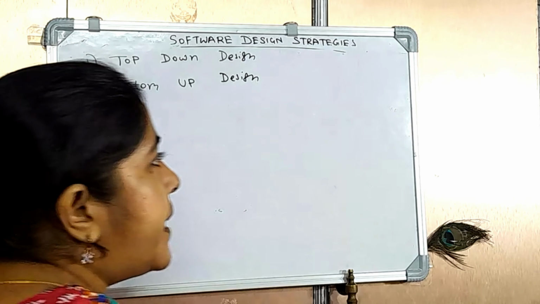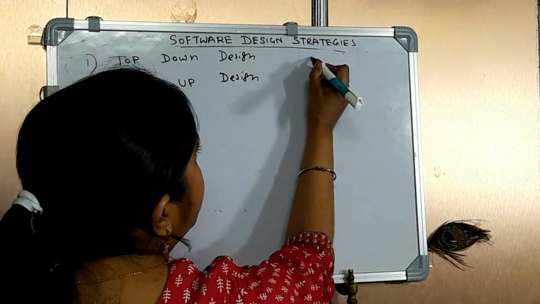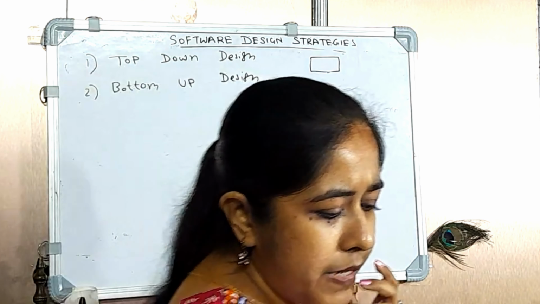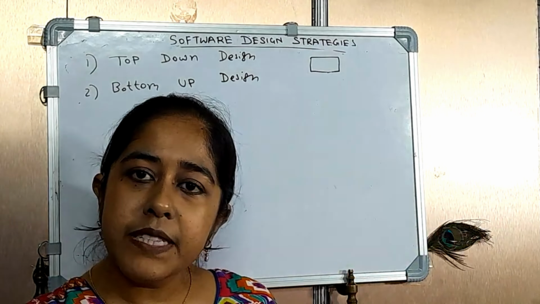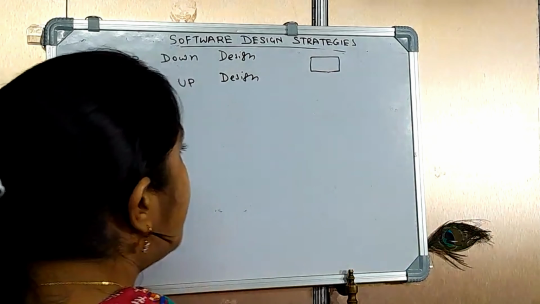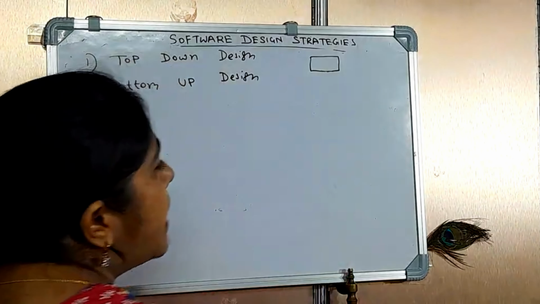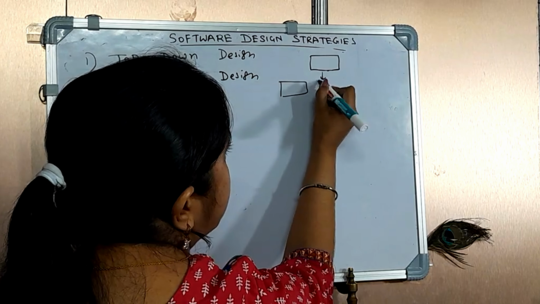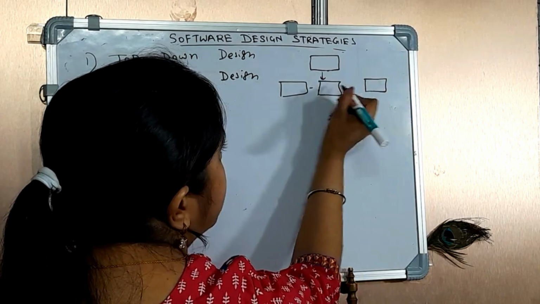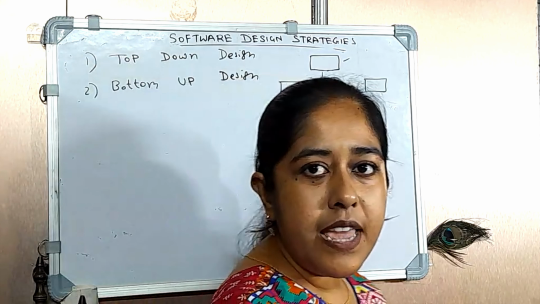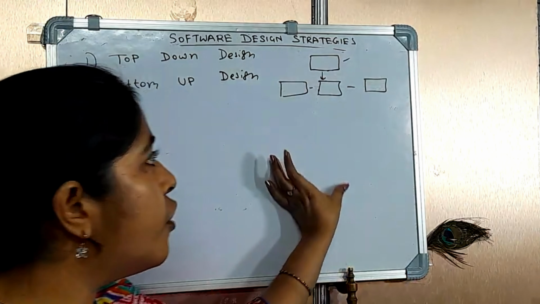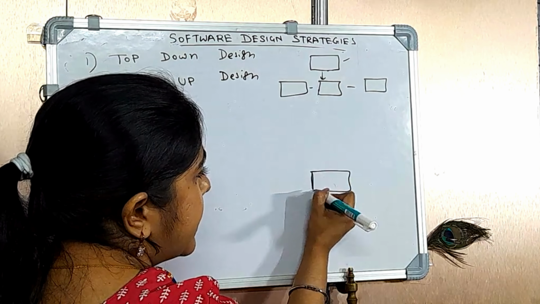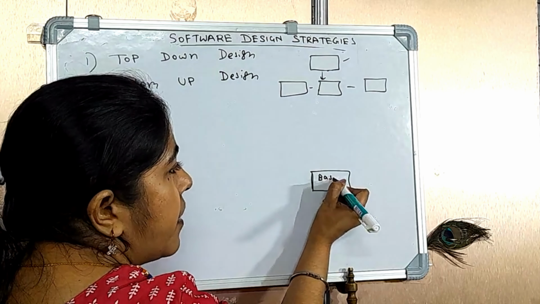What happens in top down, suppose from a system, what we basically do is we have subsystems and we are working upon them. This is my subsystem and we have to break it into different subsystems. This is our higher level function, and we are breaking that into lower levels until we have the basic structure, the basic level.